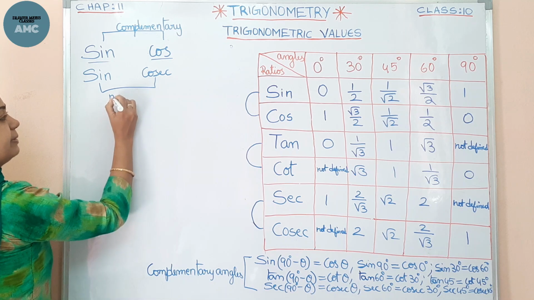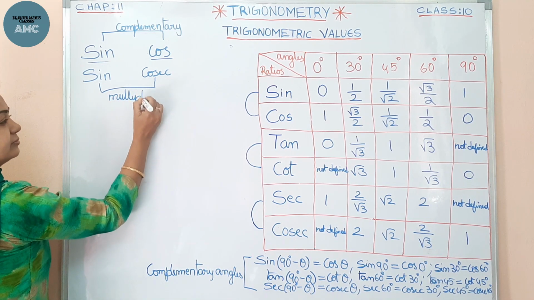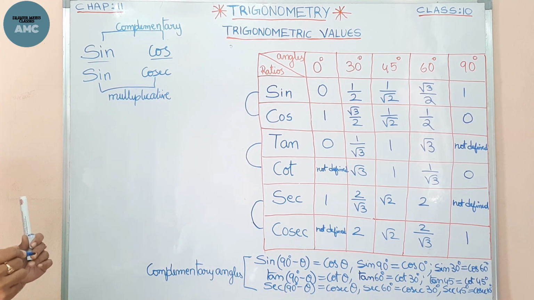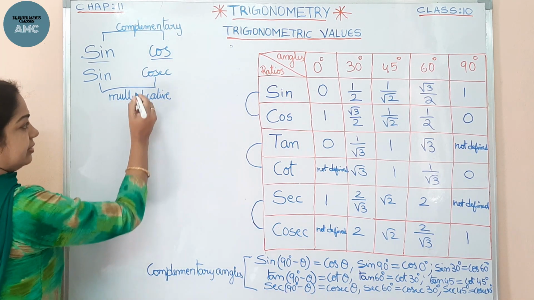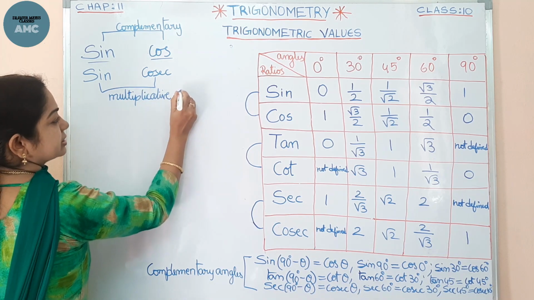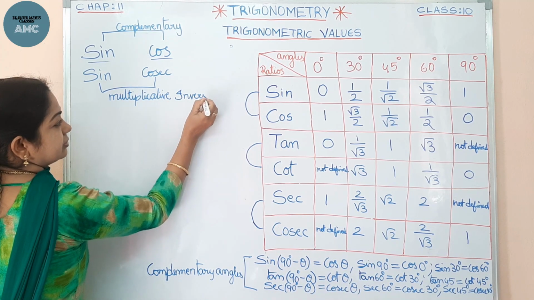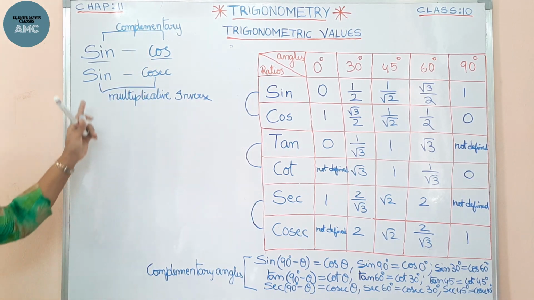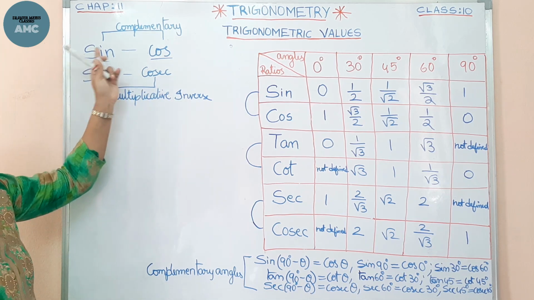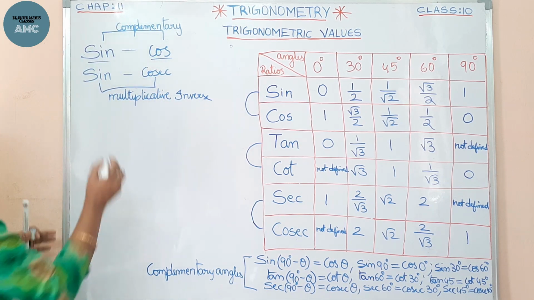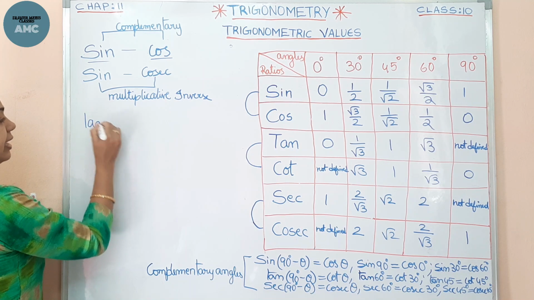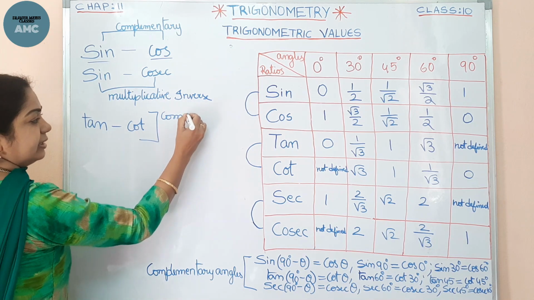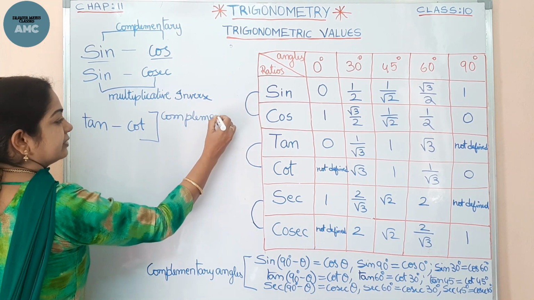They are the multiplicative inverse, that means reciprocal. So sine is equal to 1 by cosecant, or cosecant is equal to 1 by sine. That's what is called the multiplicative inverse. So remember this: sine and cosecant are multiplicative inverses, whereas sine and cos are complementary angles. Now for tan and cot, they form complementary as well as multiplicative inverse.